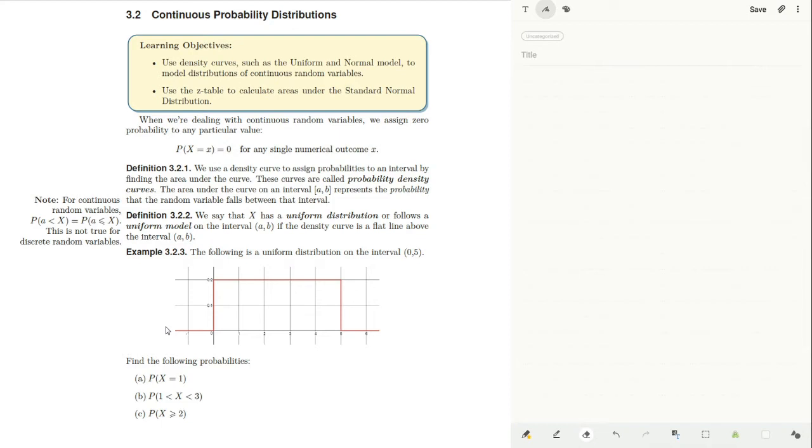So now let's use the uniform distribution to calculate the following probabilities. Let's find the probability that x is equal to 1. And so what we want to look for is the area under the uniform distribution where x is equal to 1.